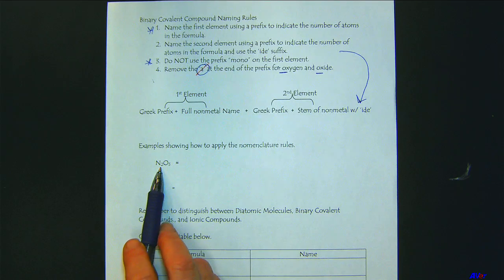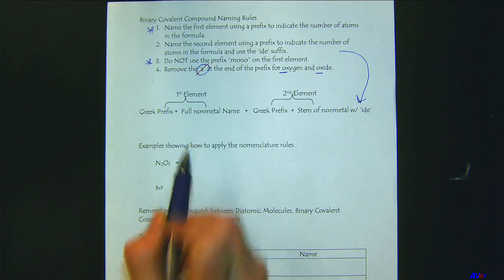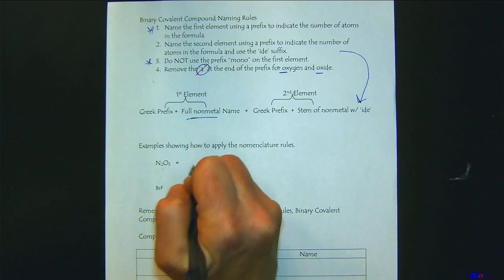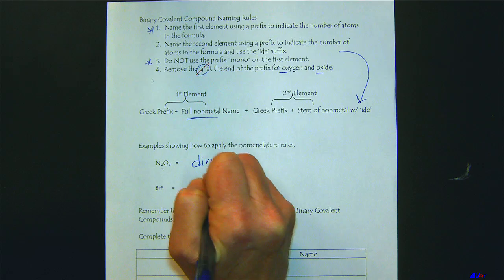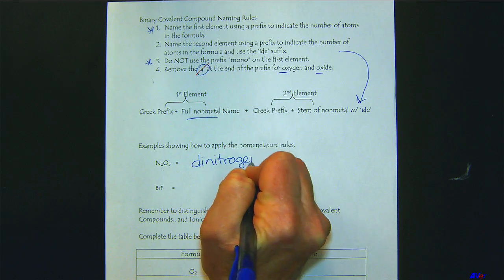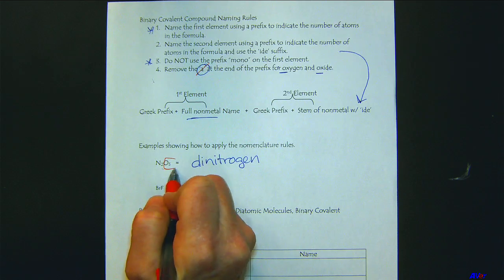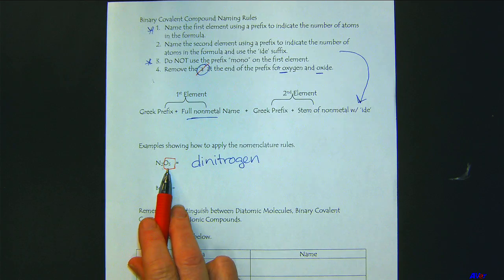All right? So nitrogen is the first element, so it gets its full nonmetal name, and there's two of them. So this would be dinitrogen. Okay, now we look at the second element. Might as well color code here. Okay, so now 5, right?